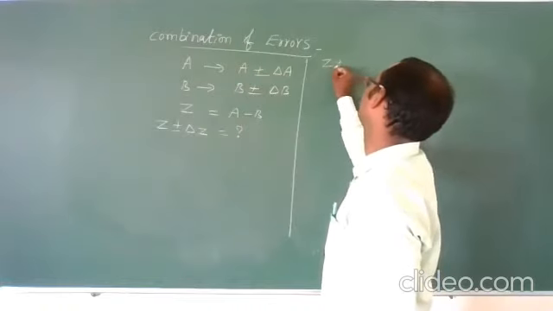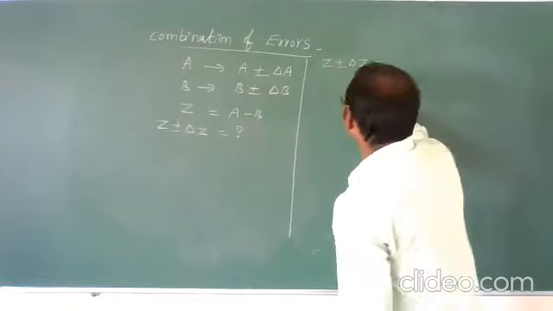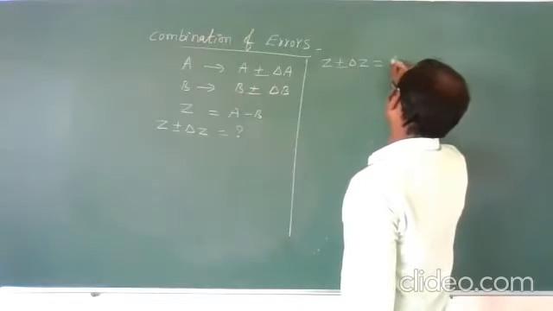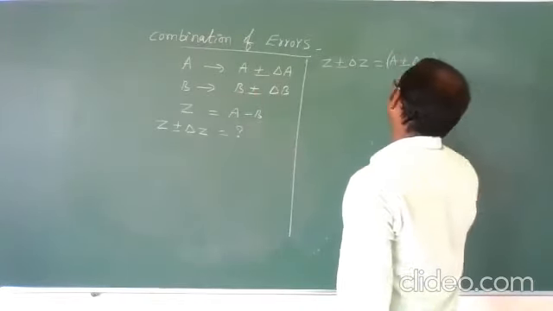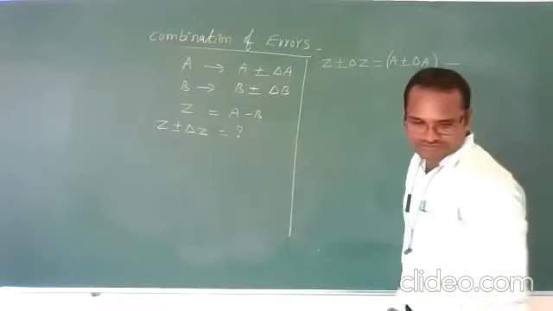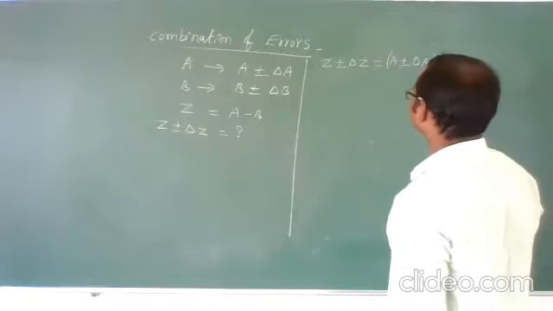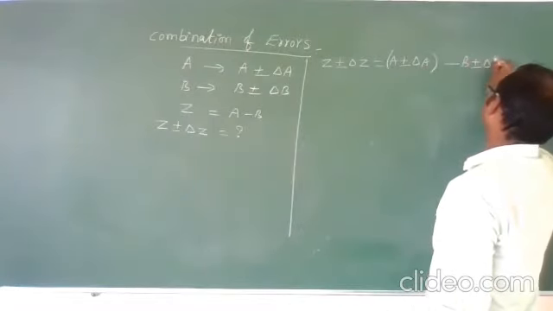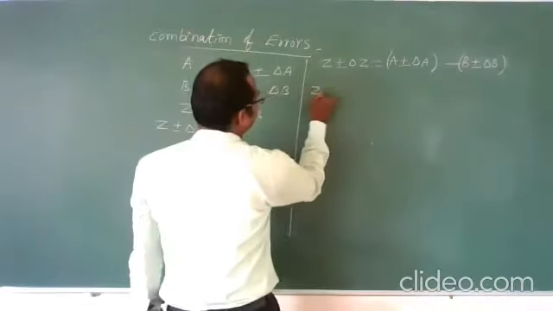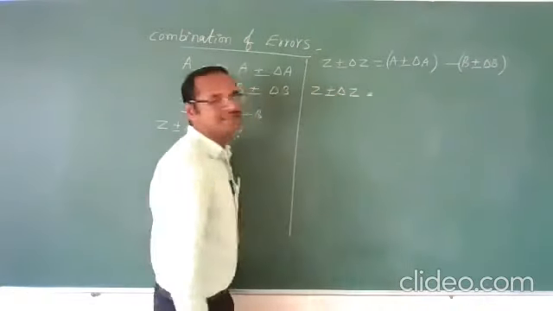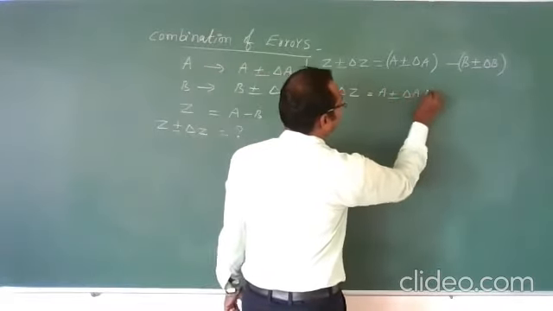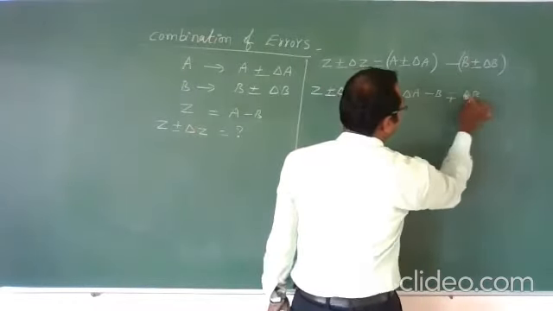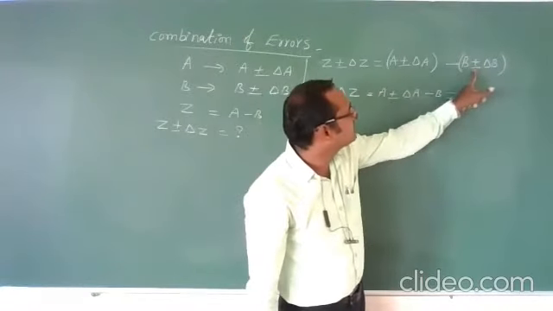Z plus or minus delta Z can be written as A plus or minus delta A, minus B plus or minus delta B in brackets. I think you are understanding what I am saying. Now this will become A plus or minus delta A minus B, minus or plus delta B. Because of this minus, plus or minus will become minus or plus.